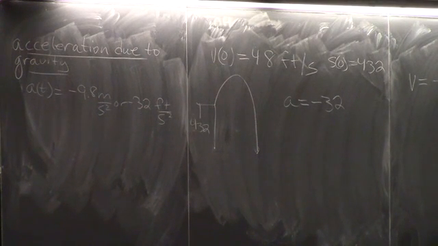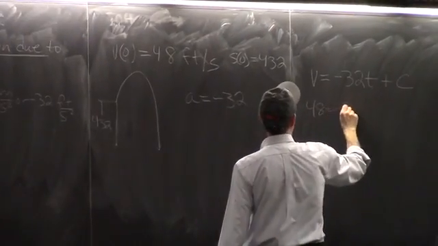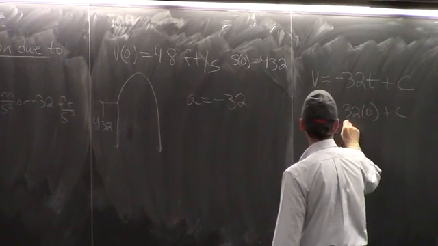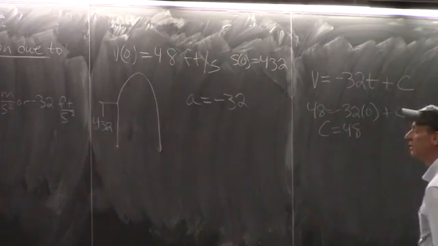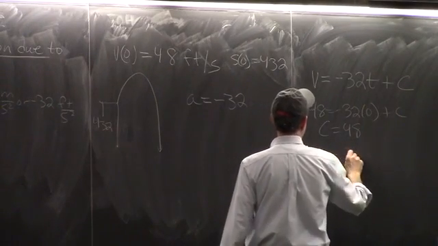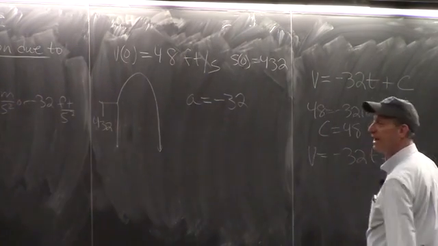And I know that the initial velocity is 48. So 48 is negative 32 times 0 plus c. So c is 48. Therefore, the velocity is negative 32t plus 48.